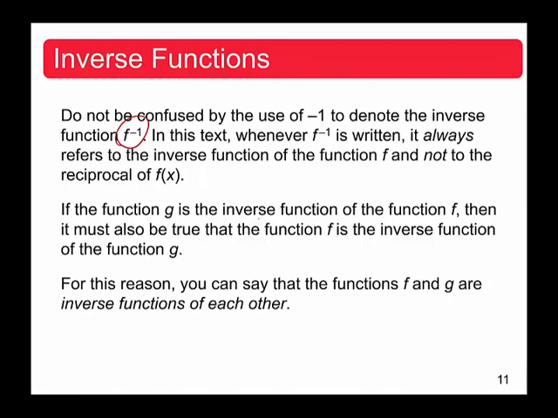So function g is the inverse function of function f, and it's a mutual relationship. If f is the inverse of g, then g must be the inverse of f. That's what we call the mutual relationship. For this reason, we know that f and g are inverse functions of each other.